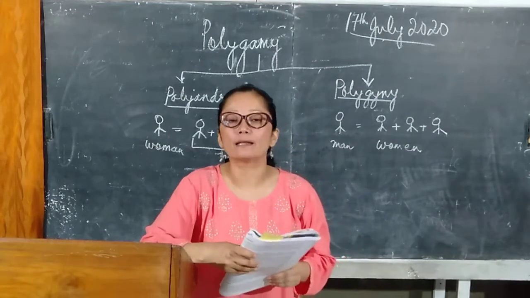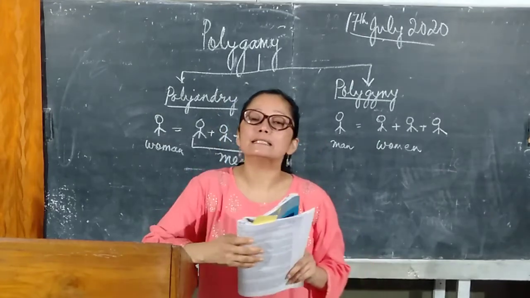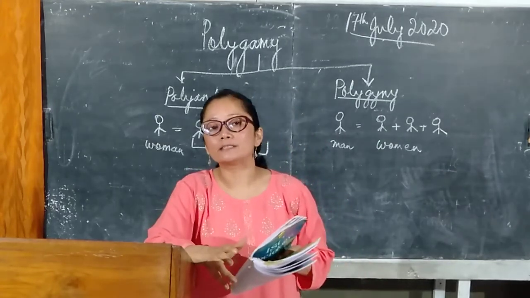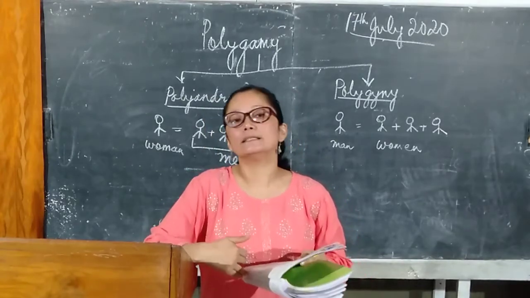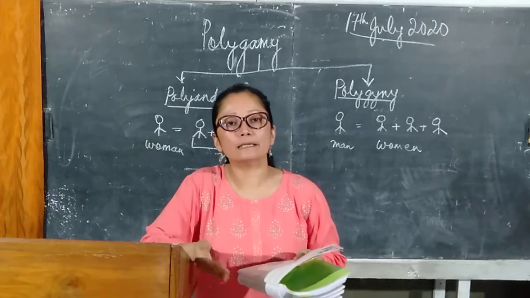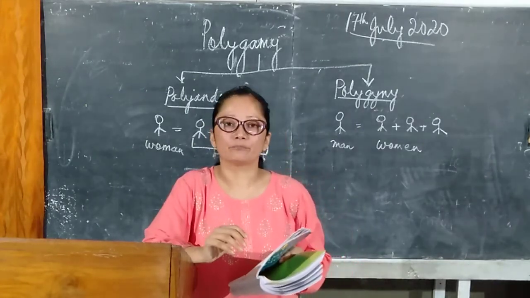Now what do you mean by a luxury that only a few can afford? Maintenance of several wives is a big responsibility. Economically, psychologically, maintaining a family is a big burden for the man.